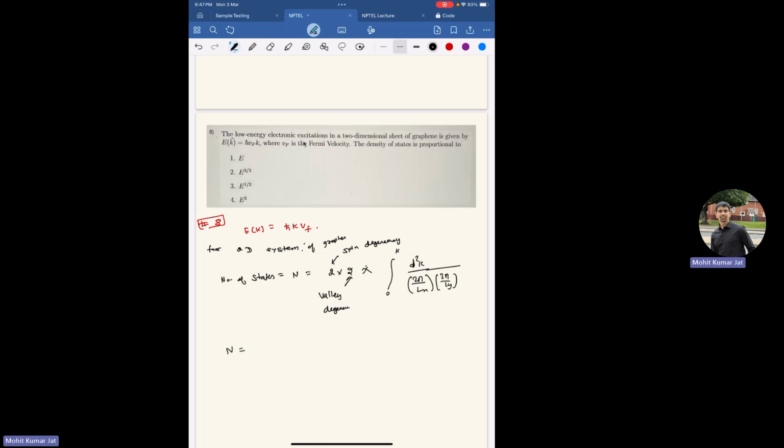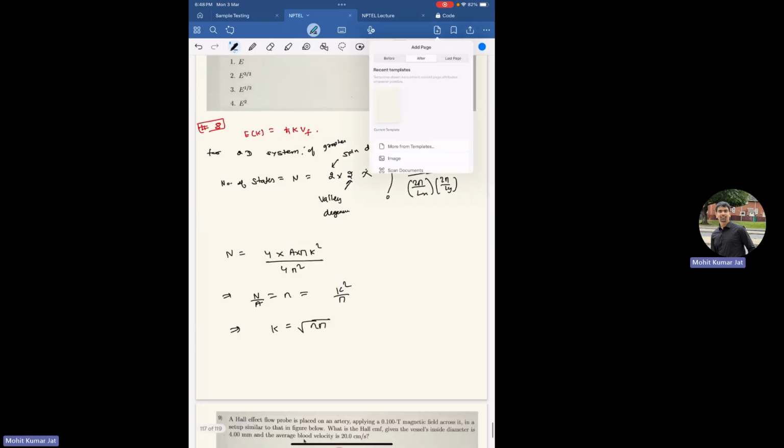So I can write n equals 4 times d2k, which is nothing but pi k square by 4 pi square times area, and n by A is the density of states number. The density is equal to k square by pi, so k is proportional to root n, k equals root of n pi, right?